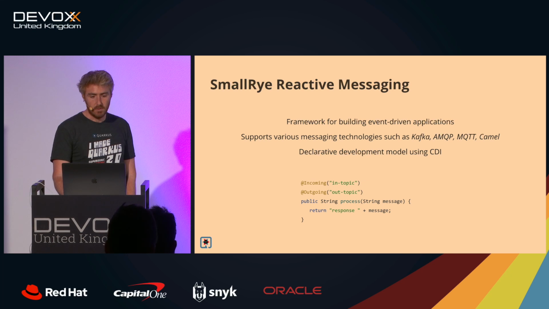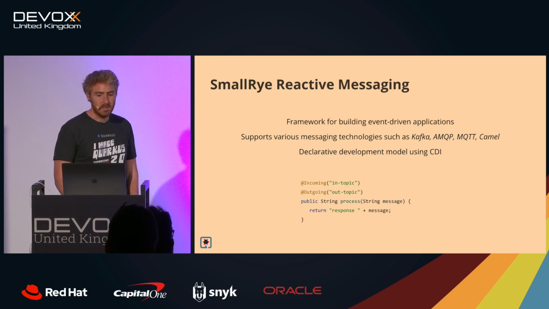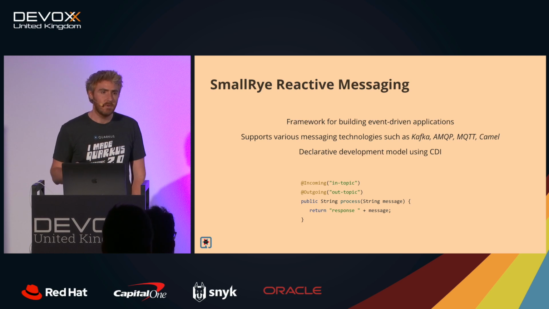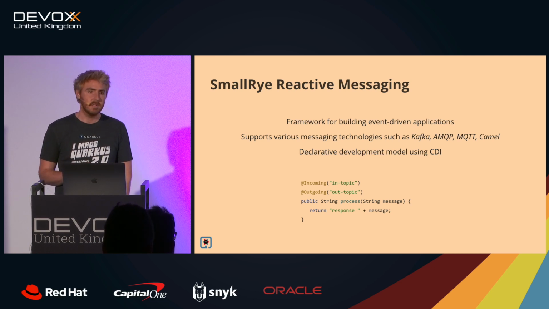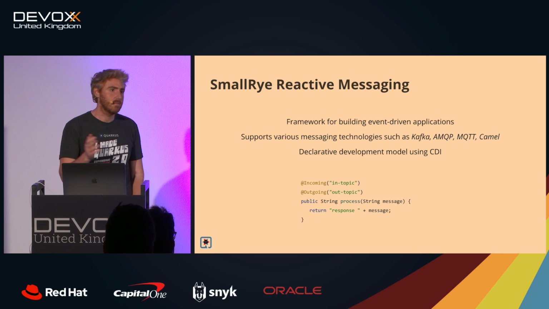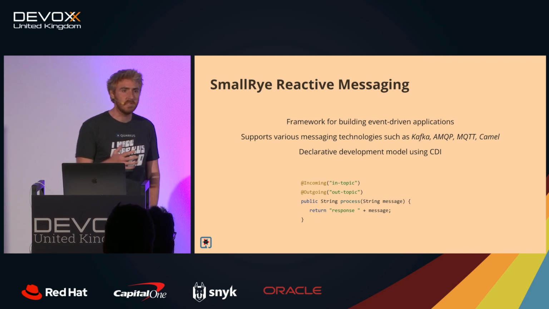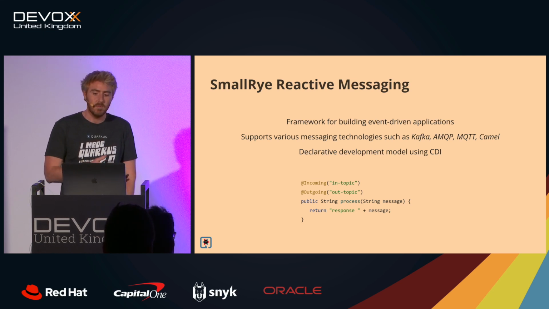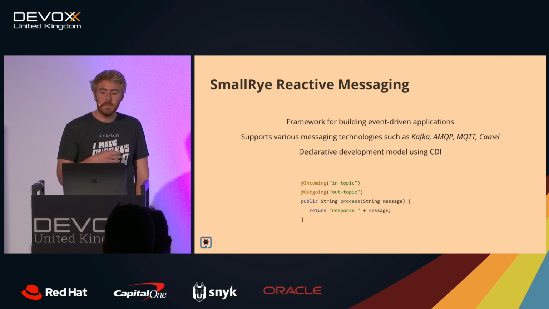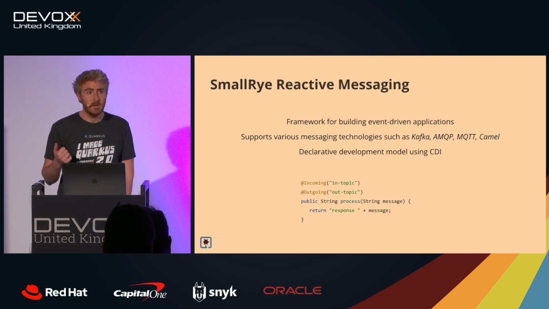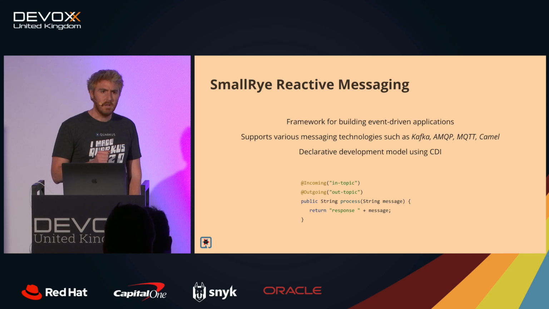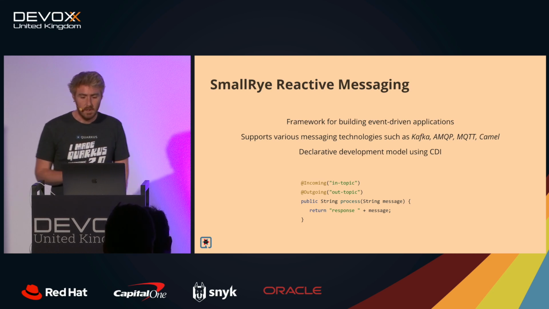Let's say a couple of words about reactive messaging. It is a framework for writing event-driven applications. It supports different protocols and messaging backends like Kafka, AMQP, Camel, MQTT, RabbitMQ. I think JMS is supported as well.